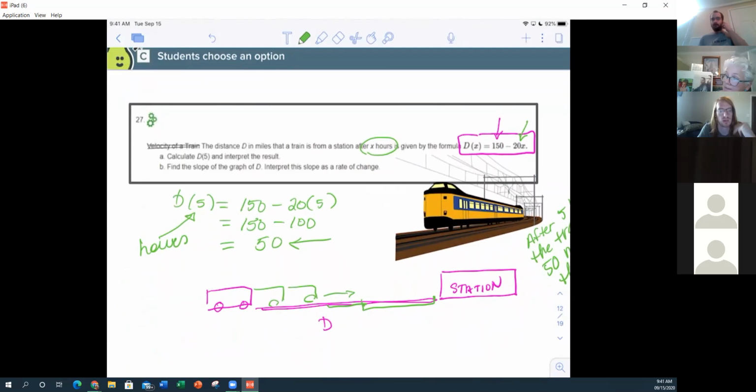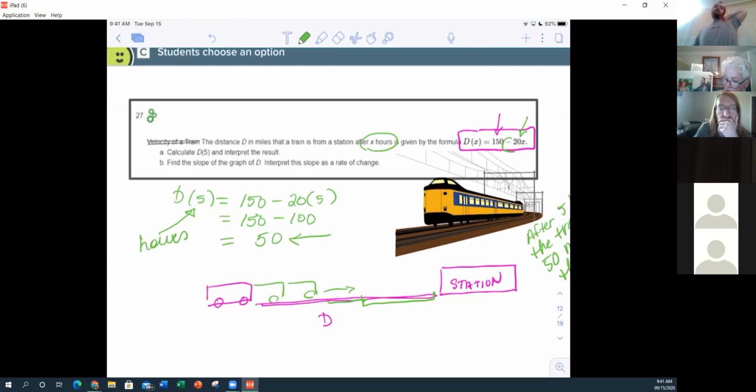What kind of 20? Miles per hour. But the slope would be not 20, but 20 over 1. Negative 20, right? Because the distance is decreasing. If you think about this line, the distance from the train station is going down. So the negative is important. The slope is negative 20.